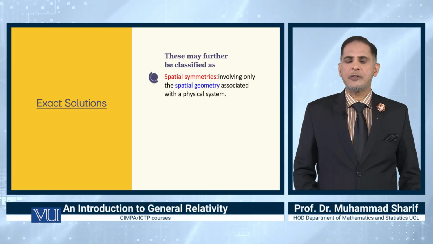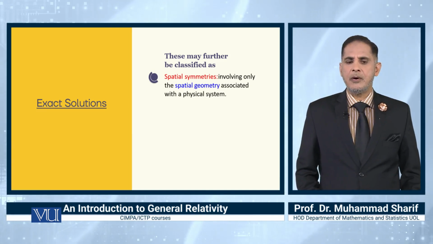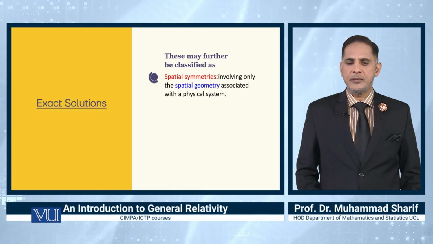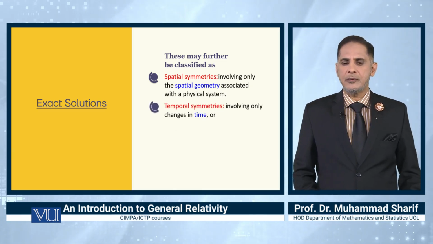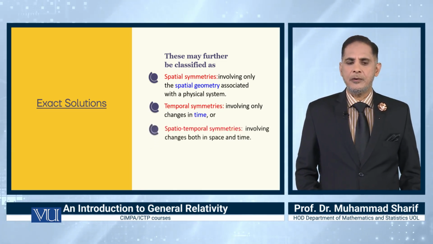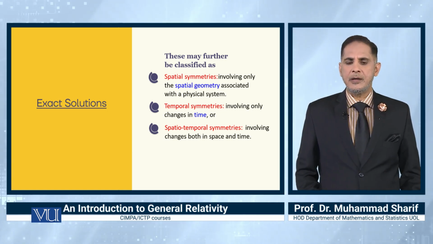These may further be classified as spatial symmetries that involve only spatial geometry associated with a physical system. Next are the temporal symmetries, which involve only changes in time. Also, we have spatio-temporal symmetries, which involve changes both in space and time.